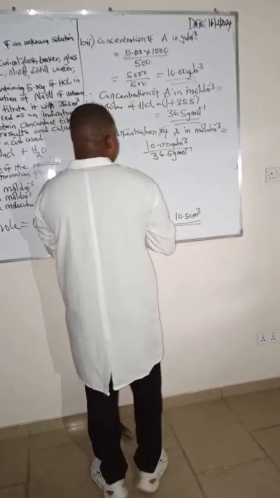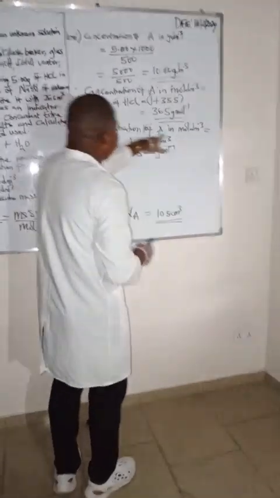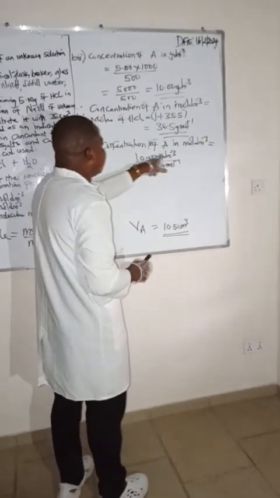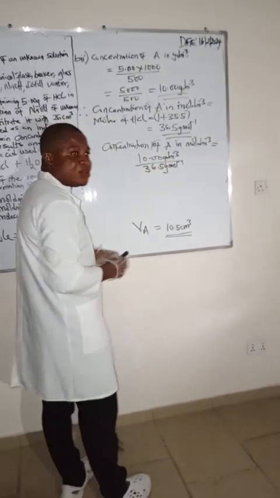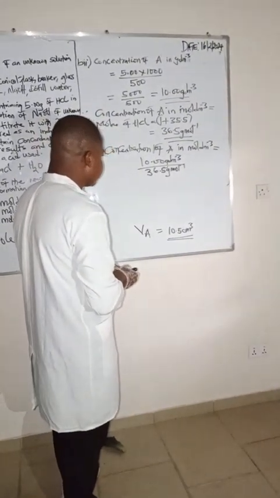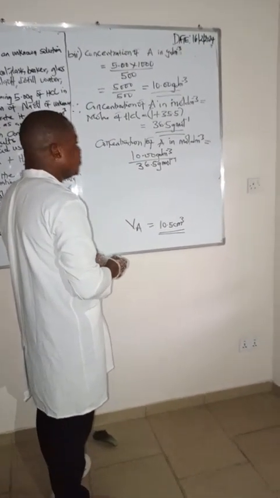So what do we have for the concentration of A now? 10.00 divided by 36.5. What do we have?